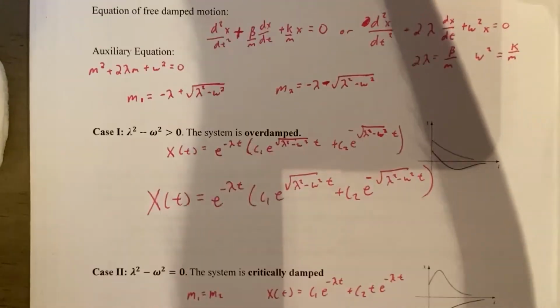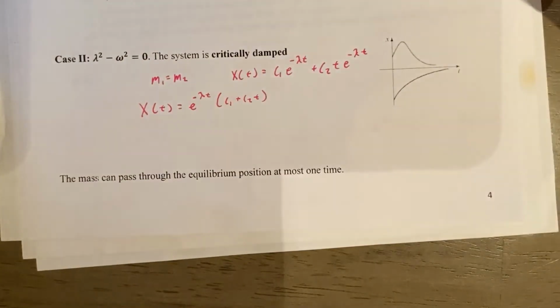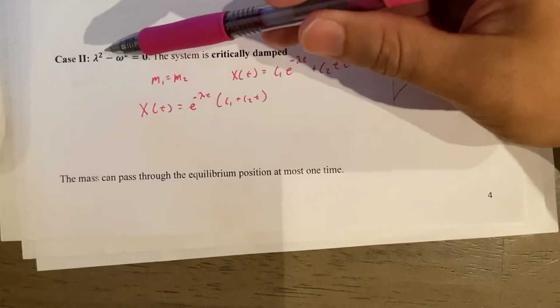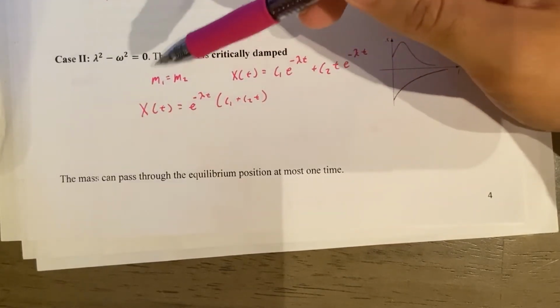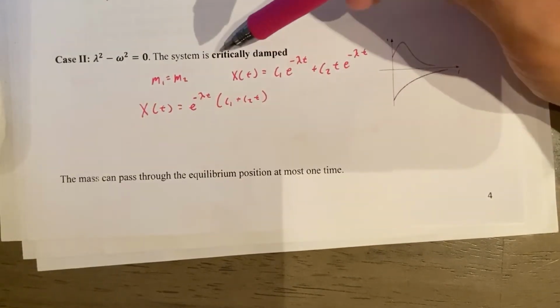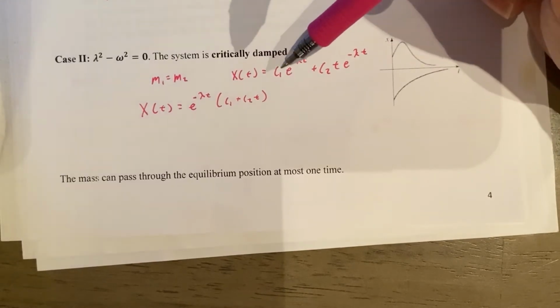Now, if we go to case 2 and lambda squared minus omega squared equals 0, then we can say that the system is critically damped.